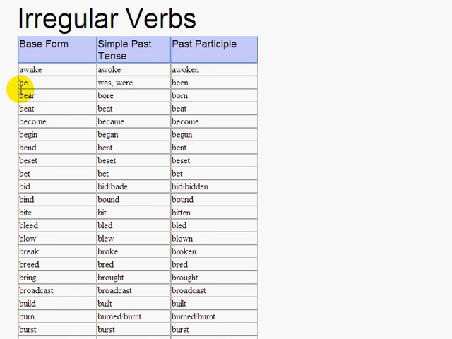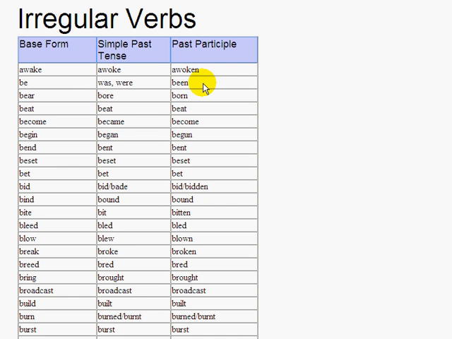Now, what is the base form of be? It's be. Simple past, was or were. Was if it's only singular, and were if it's plural. Then been. Okay? Was if your subject is singular, were if it's plural, then the past participle of be is been.